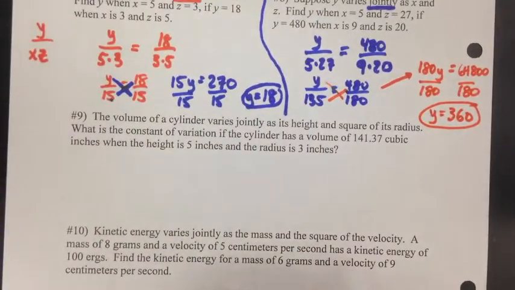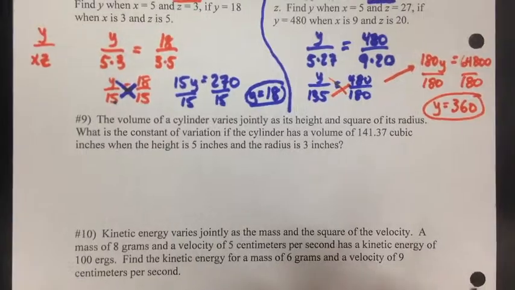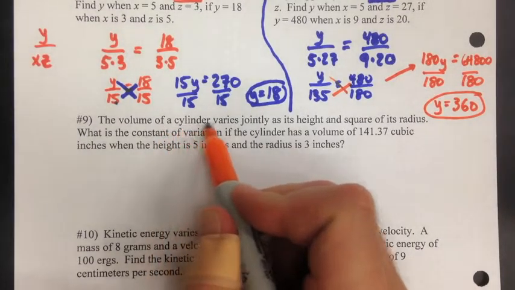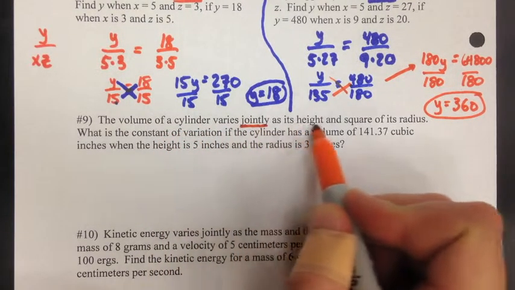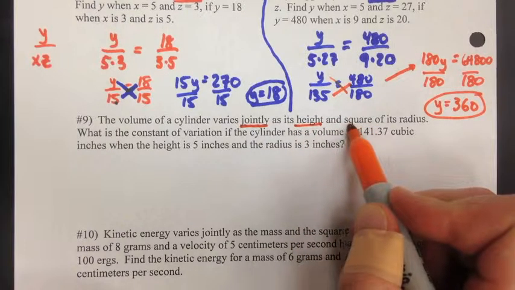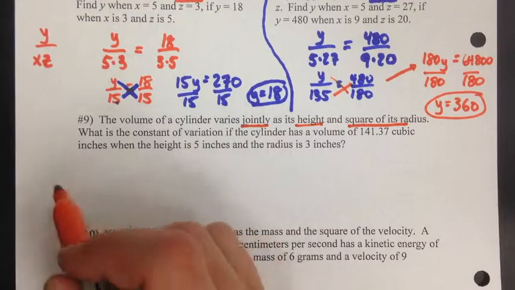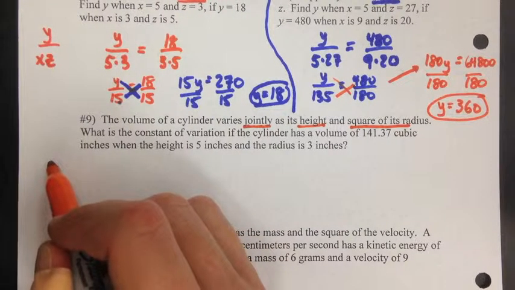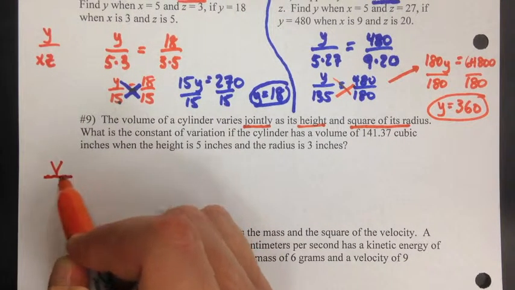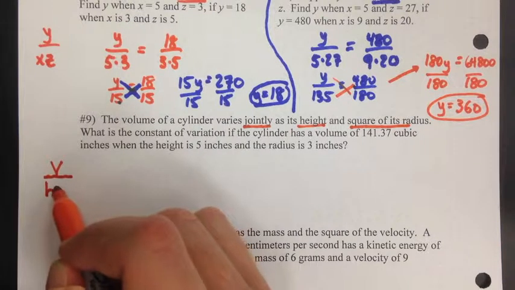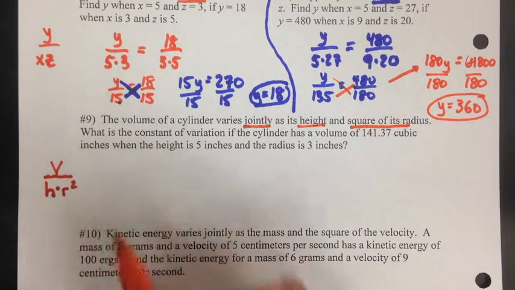All right, so let's finish off here with 2 problems. These are both word problems. Number 9, the volume of a cylinder varies jointly as its height and square of its radius. All right, so here's how we're setting this up. Volume varies jointly as the height and the square of the radius.